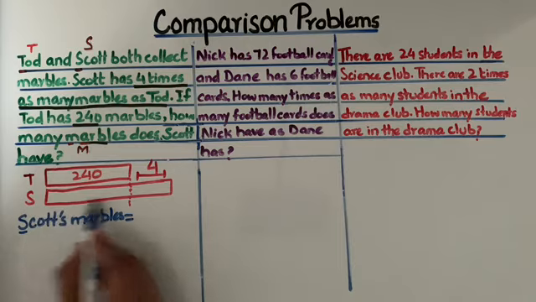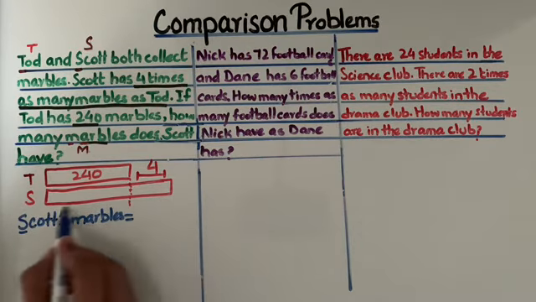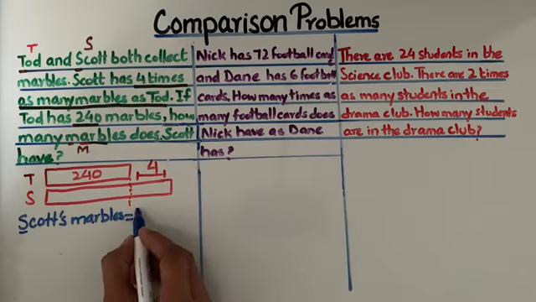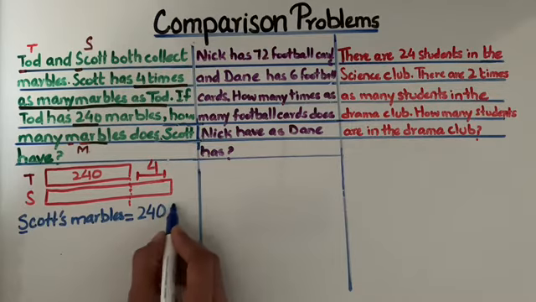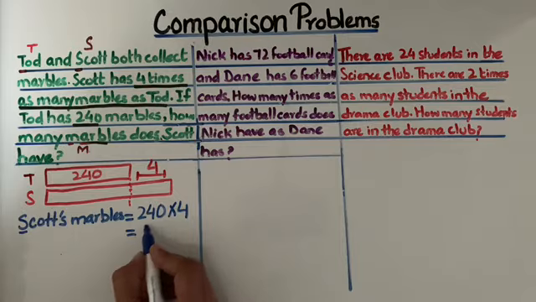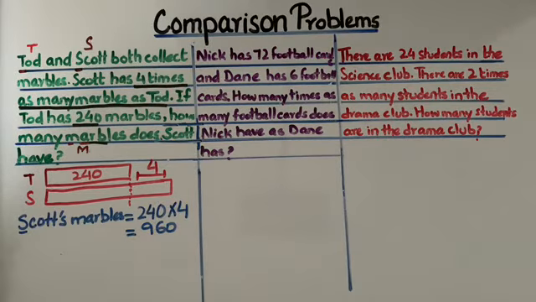So we have to find out the total number of marbles Scott has. 240 is the total number of Todd's marbles, times 4. So when we multiply, we'll get 960 marbles. So Scott has 960 marbles.